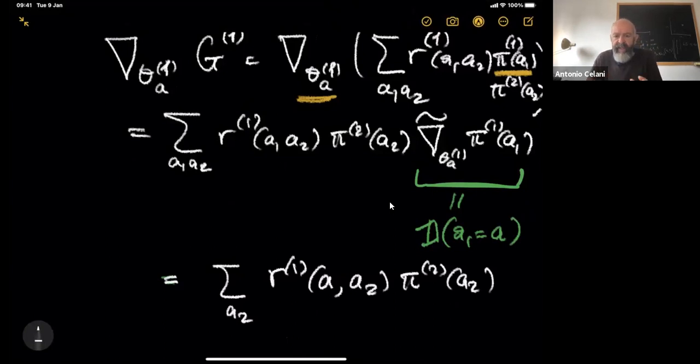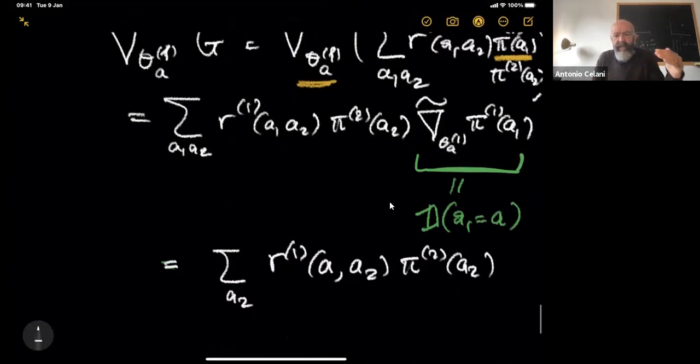So what does this mean in practice? It means that this parameter theta for my policy, which corresponds to the action that I am taking, will change exactly according to the expected payoff that I get while playing.